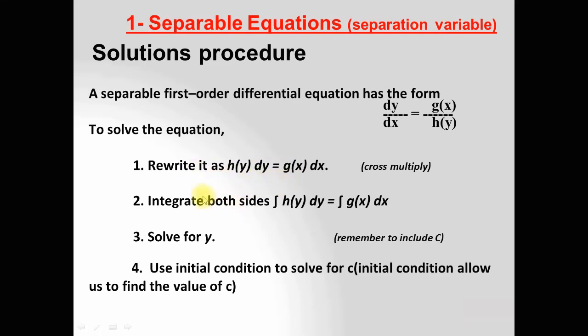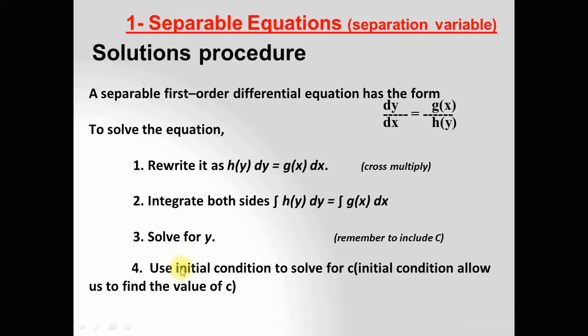Now since separation is possible in this differential equation, after separation of variables, take the integration on both sides: the integration of the h function with respect to y and the integration of the g function with respect to x. Then, applying integration, you will get the solution of this differential equation for y.